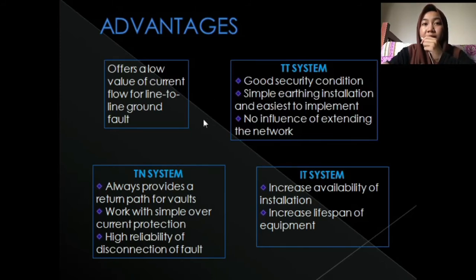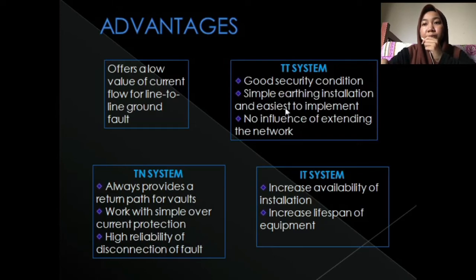So for the TN system, it always provides a return path for faults in the low voltage grid because the grounding conductors at the transformer and at all customers are interconnected, so it will ensure a distributed grounding and reduce the risk of a customer not having a safe ground. Next, the system works with simple overcurrent protection and it has high reliability of disconnection of the fault by overcurrent protection.